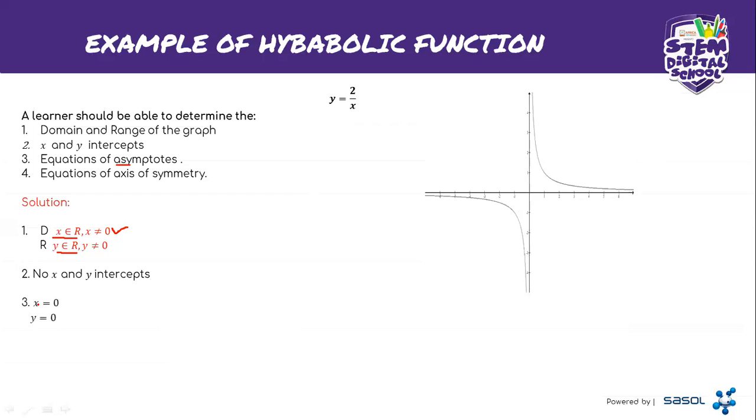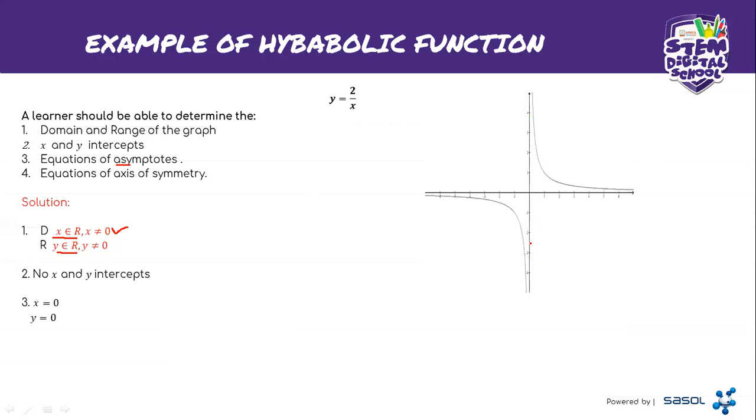Now, the first asymptote is x equals 0, meaning the first equation of asymptote is x equals 0. Remember, the asymptote where x equals 0 is this line here. We normally see the asymptote lines as broken lines, but because it is on this line of the y-axis, we cannot see it, but it's this one.